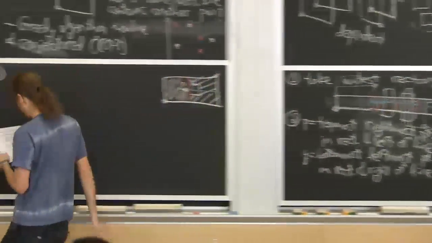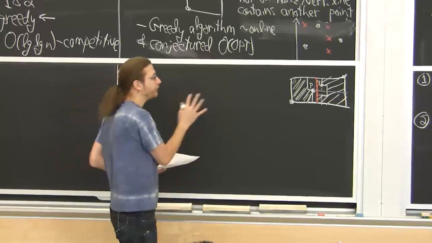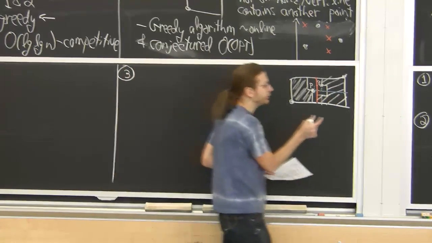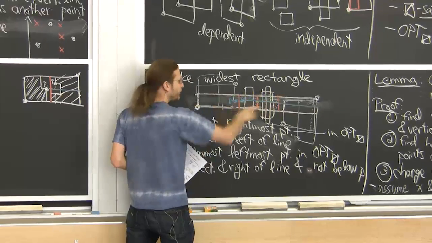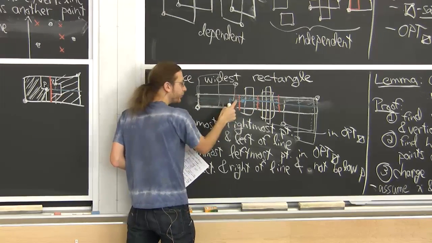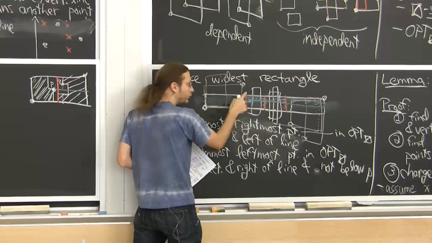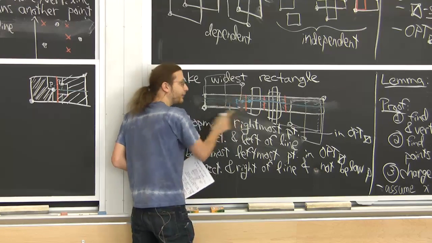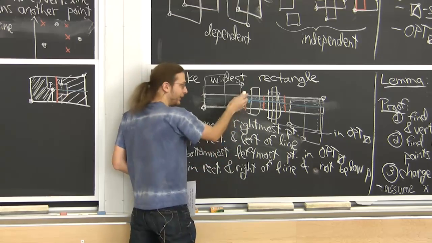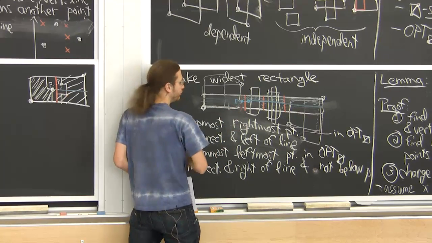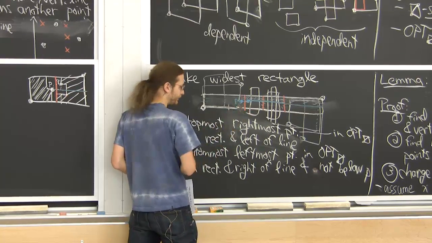So the idea is the following. Because of all this setup, because we made PQ horizontally aligned, they're inside the rectangle, and furthermore they're adjacent and they cross this vertical line. And that vertical line is not crossed by any other rectangle. When I say line, I mean line segment. There's no other rectangle that hits this red thing.